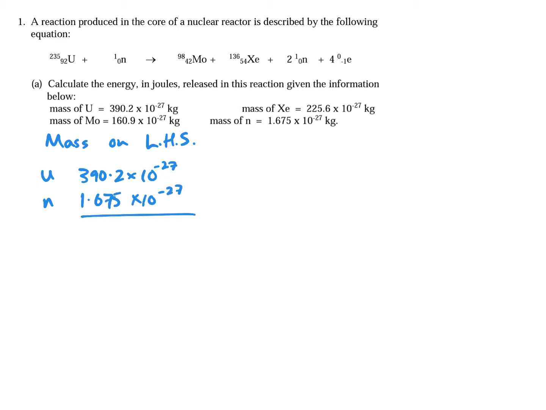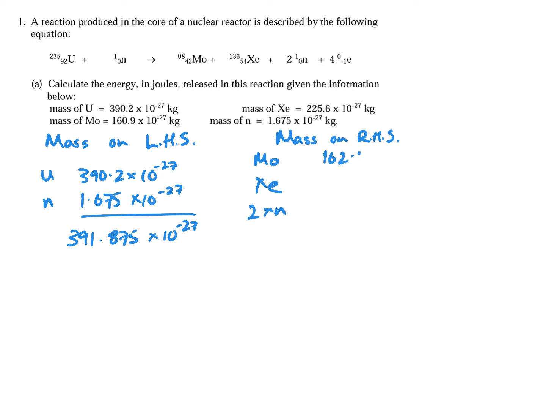So total mass on the left hand side. And similarly, the mass on the right hand side. Go back to the original formula. Molybdenum, xenon, and we've got two neutrons. All this data is out of the question.